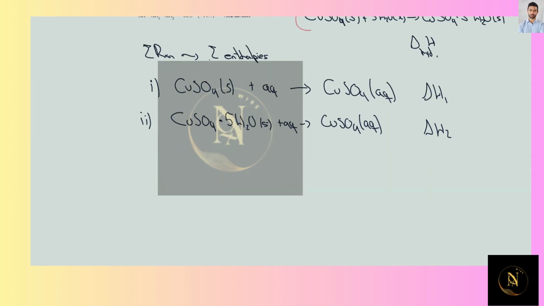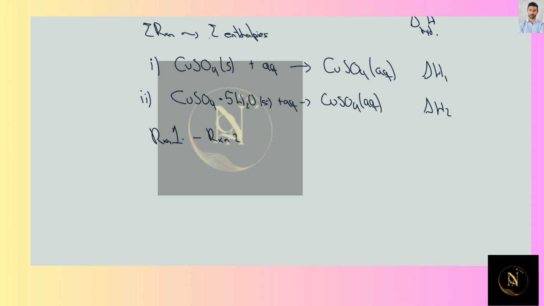So for example, if I do reaction 1 minus reaction 2, what I'm going to get is reaction 1, and minus reaction 2, we just need to switch up the places over here when we put the minus sign.